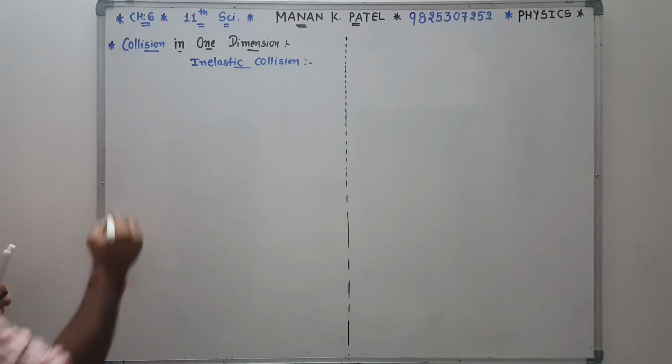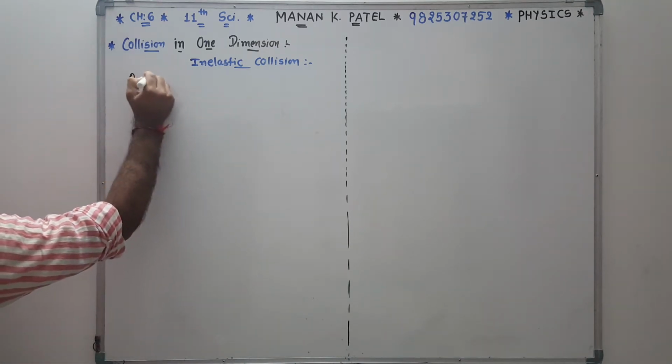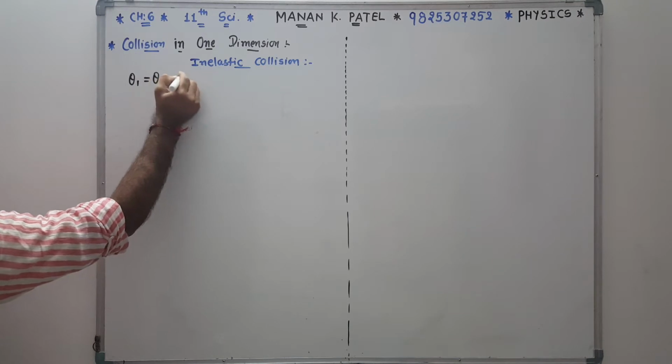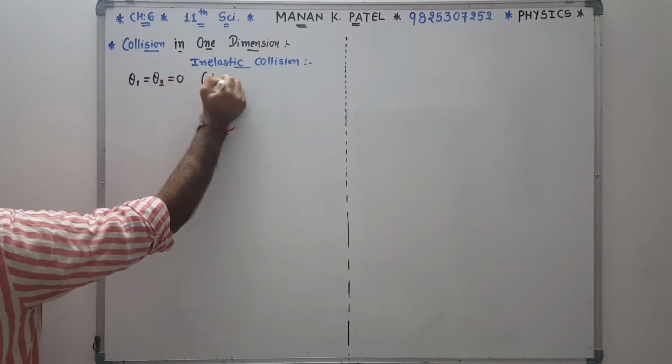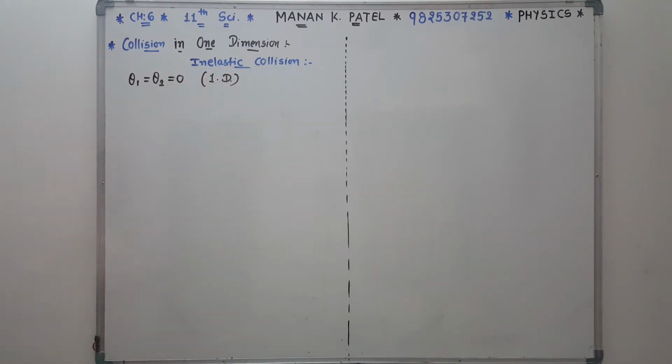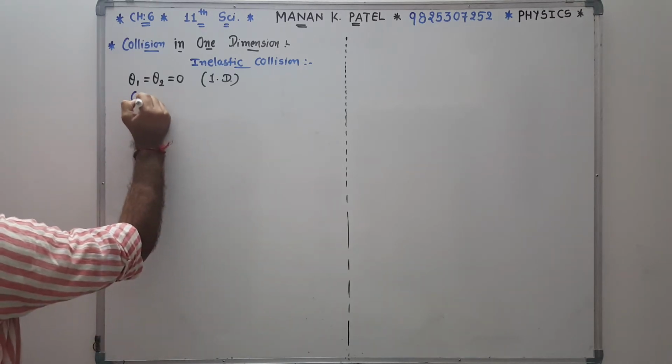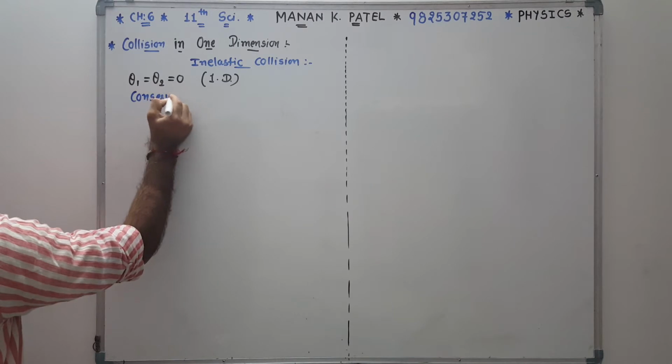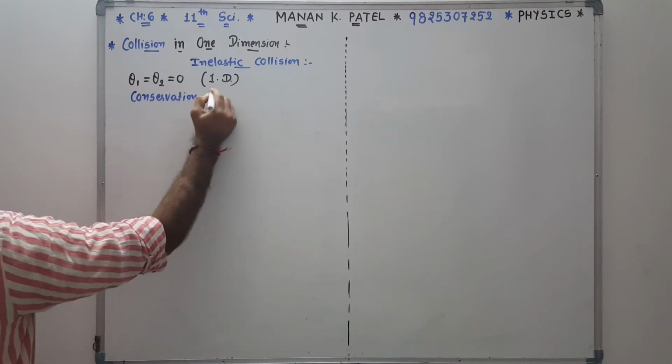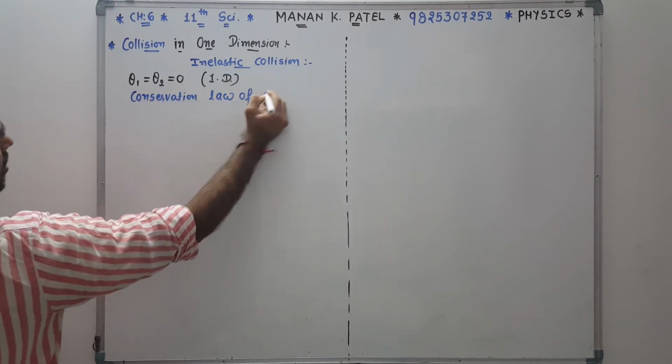So first of all, start with theta 1 and theta 2 becoming 0. Simply, in one dimension, use the conservation law of momentum.